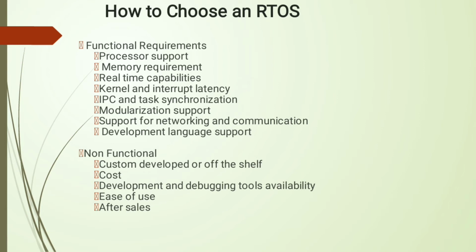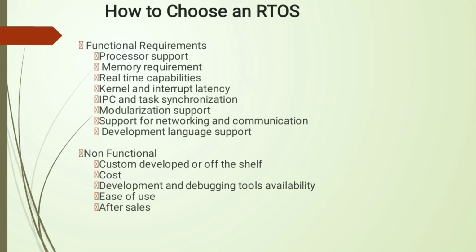And the next one is the memory requirement. So we know that the operating system requires the RAM or the ROM, and it is actually for holding the operating system files. And we have already told in the first module that it is stored as a flash memory, right?